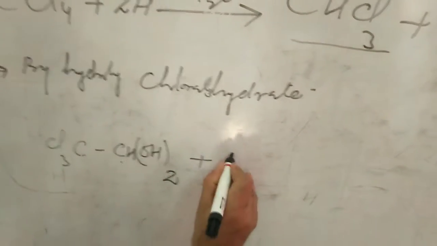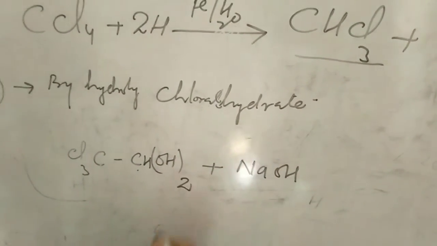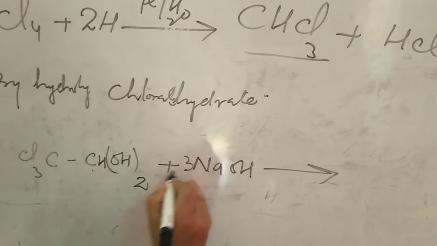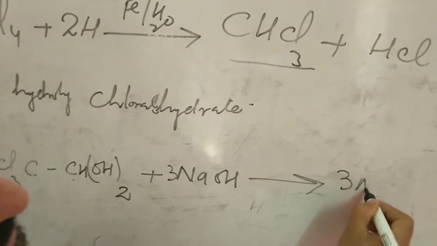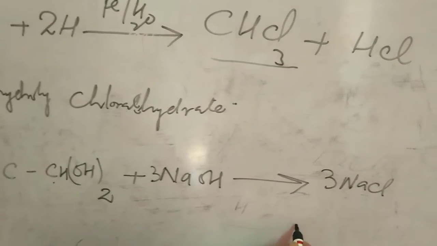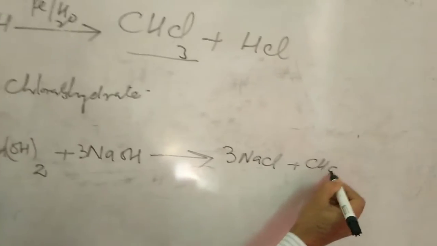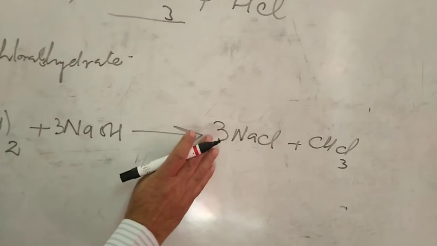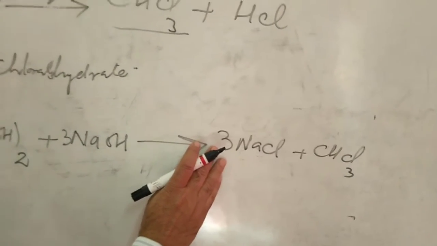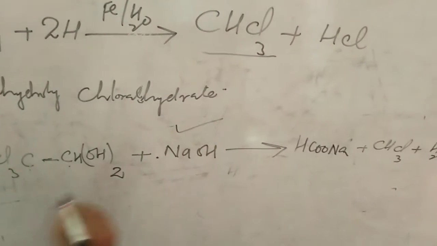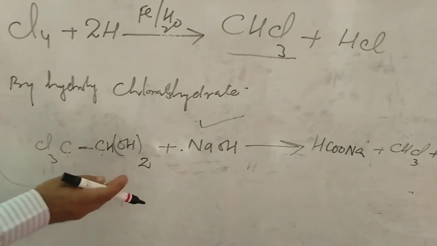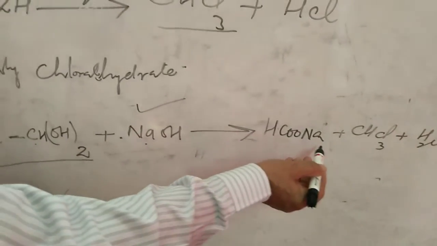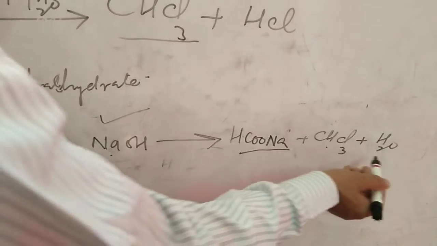We hydrolyze it by means of caustic soda, sodium hydroxide. By hydrolysis of chloral hydrate in the presence of sodium hydroxide, it gives sodium formate, chloroform and water.